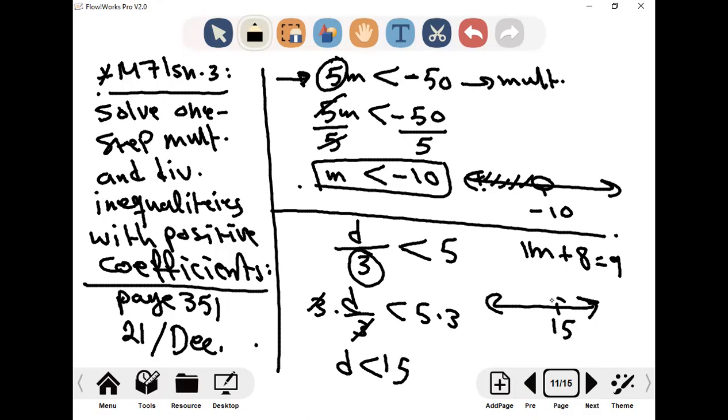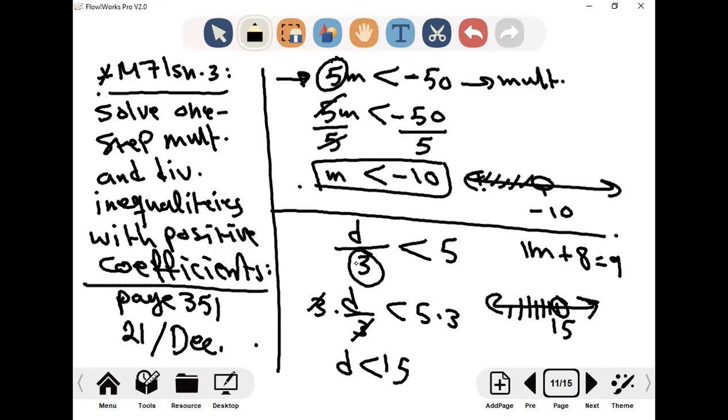This is 15, open circle, and go to the left, right? So this is the multiplication, divide by the coefficient. Division, multiply by the divisor on both sides. Got it? Yesterday we did example 1 and the check of example 1. Today we will do example 2 and the check of example 2.